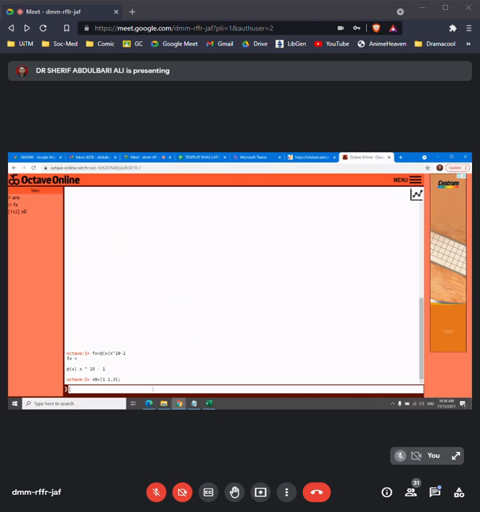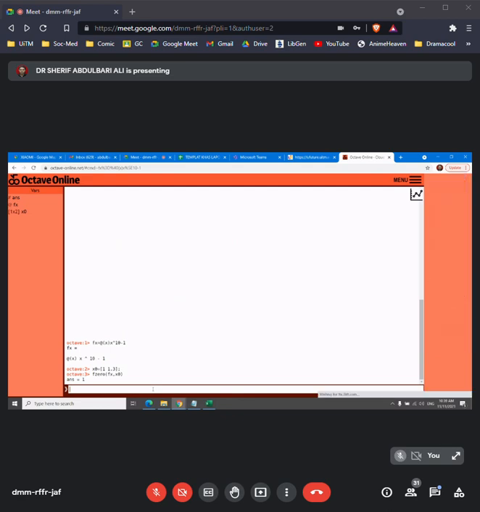So now I will write my function, which is fzero, open a bracket. My function is fx, and my initial values is x0, hit enter. So I will get my answer: my root is equal to 1.